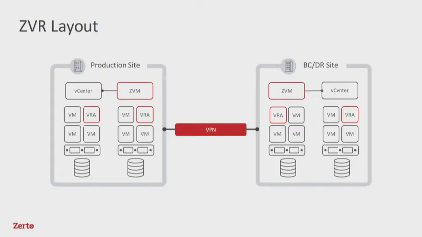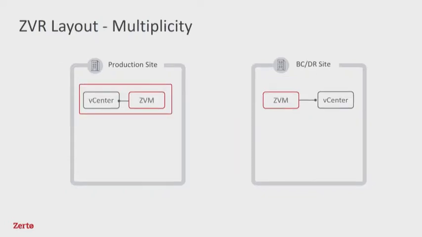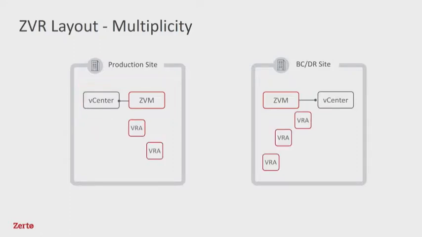This session focuses on the ZVM. We have on each of the sites one ZVM installed, and it is communicating with the virtualization environment. And then we install VRAs on the hosts.